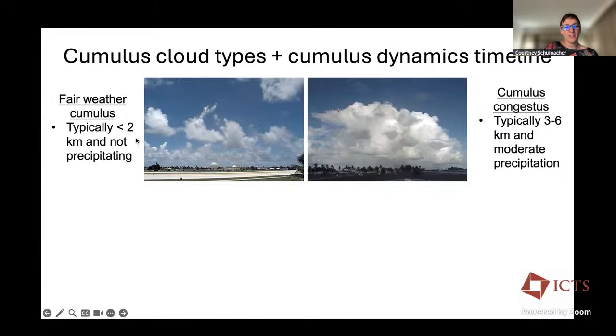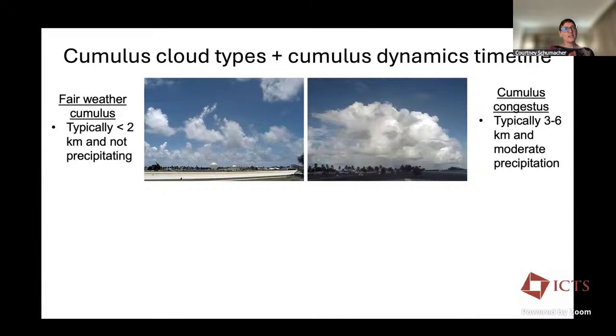Fair weather cumulus are typically not very tall, and they are not precipitating either. When they start getting to about 1.5 to 2 kilometers, they'll start creating precipitation-sized particles. Cumulus congestus start growing a couple of kilometers, even up to 6 kilometers, which is above the 0 degrees Celsius level, so maybe a little glaciation at the top. And these are associated with precipitation at the bottom.